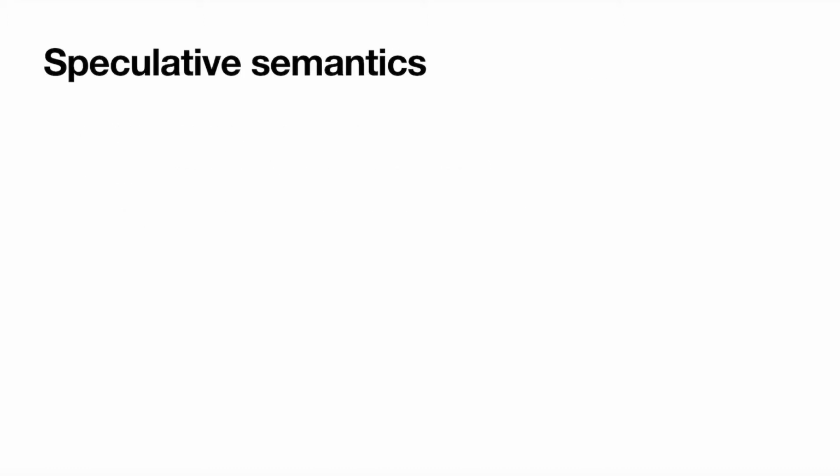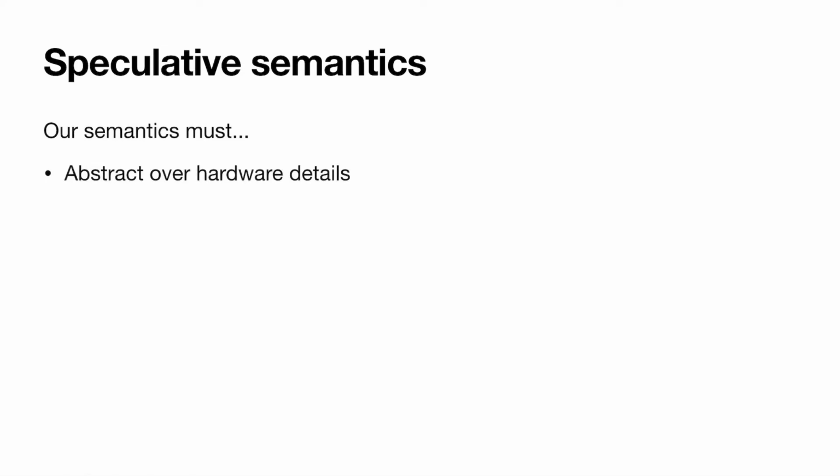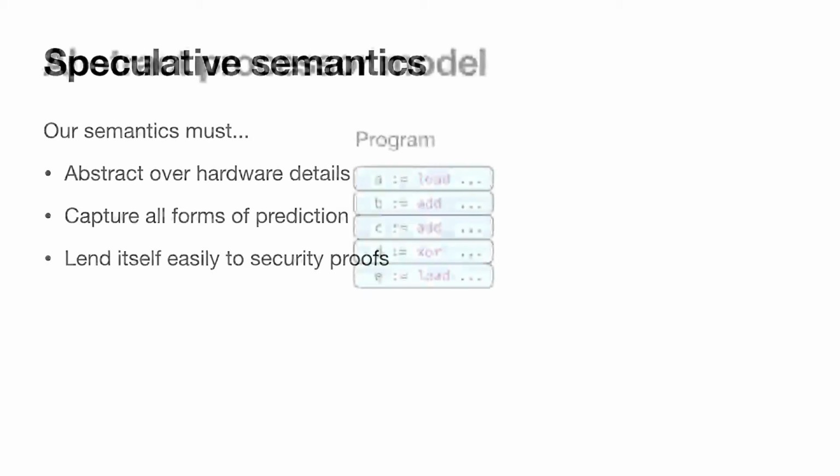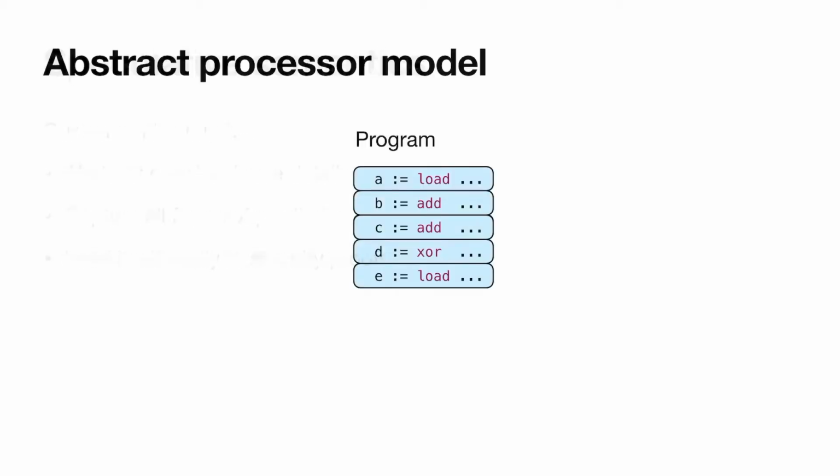So if we want to formally reason about security during speculative execution, we need to formally model speculative execution. And if we want our model to be useful, we need to be abstract over processors and hardware details. We need to capture all the different forms of speculation and prediction, and we need it to be amenable to security proofs. So first off, like I said, we want our semantics to be abstract over any microarchitectural details.